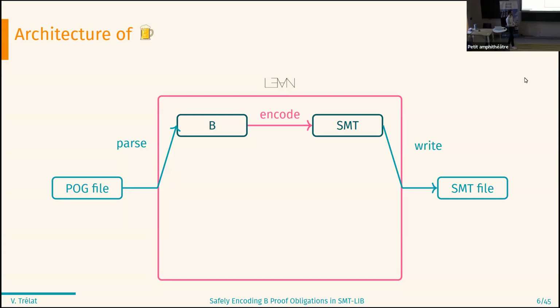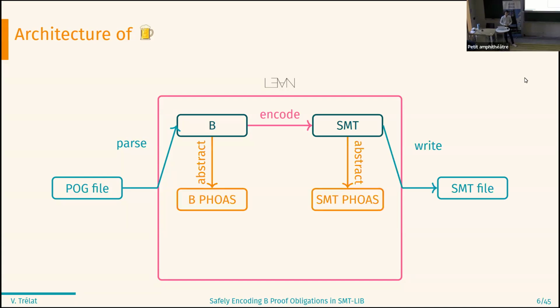Now, on top of that, I really want to perform some proofs and check that my encoding is correct. So on top of this lower-level representation, I have an abstract representation of both languages. I will talk about it later.